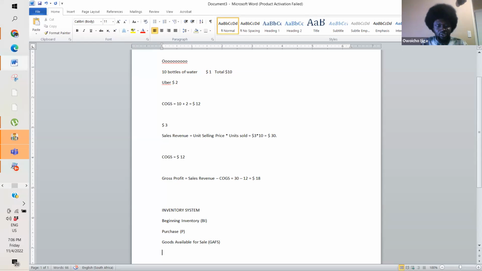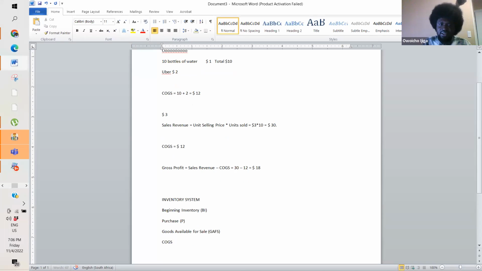And we have the cost of goods sold, which I've already explained, which is the cost of the goods that we sell. How much did it cost us to sell those goods? And lastly, we have the ending inventory, EI.